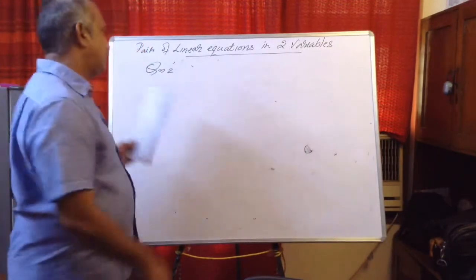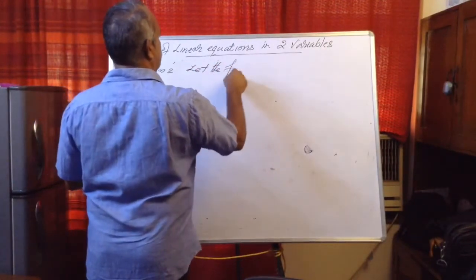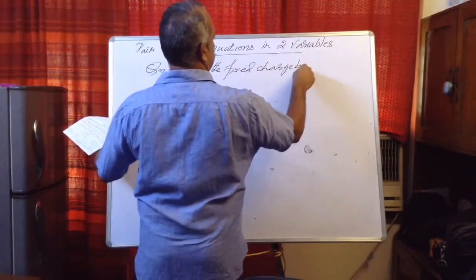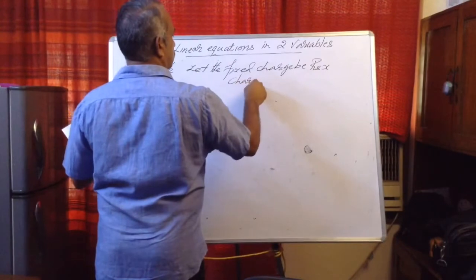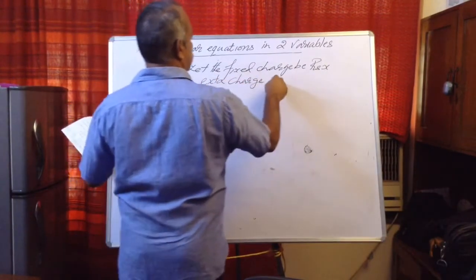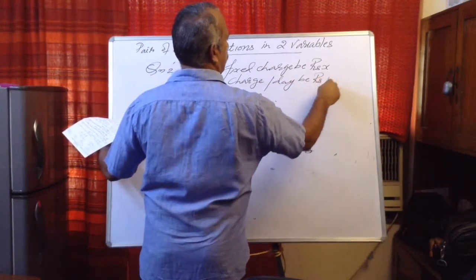So one of them we will assume as X. Let the fixed charge be rupees X and extra charge per day be rupees Y.